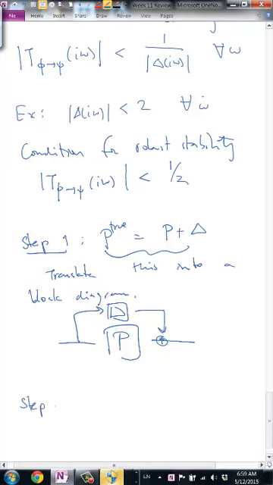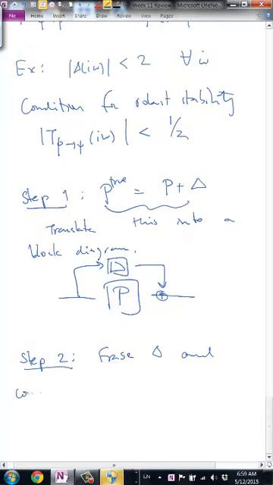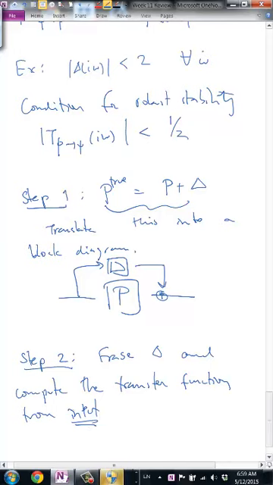Step 2 is erase delta and compute the transfer function from the input, not the input of delta, so we've erased delta, from the input to the output.